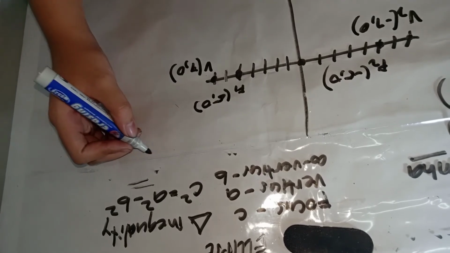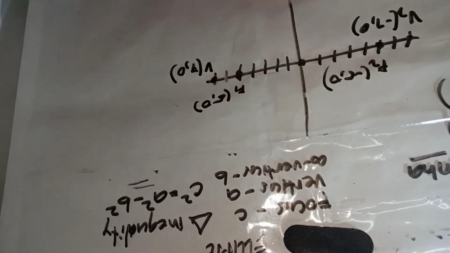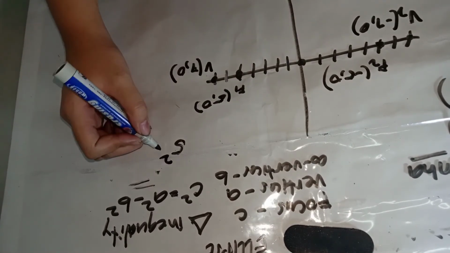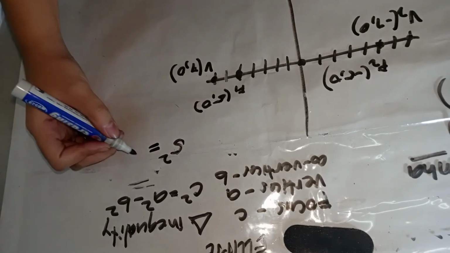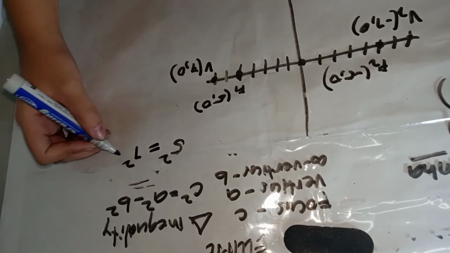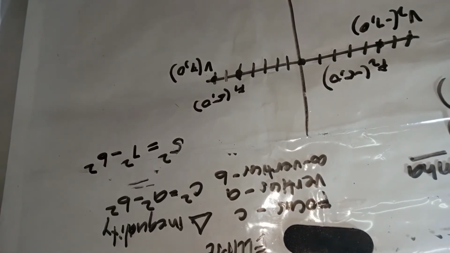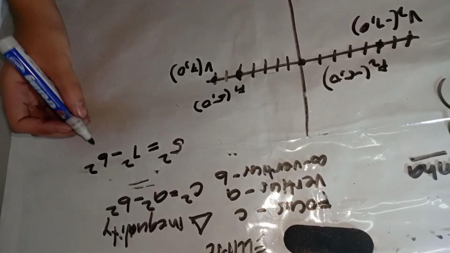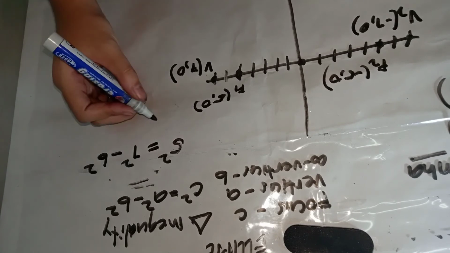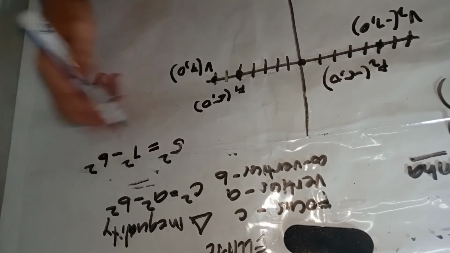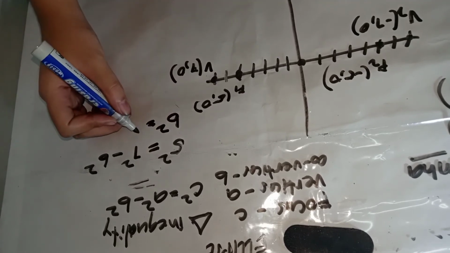Okay? So, let's substitute. What is C? 5 squared is equals to, what is the formula of A? So 7 squared minus B squared. Okay? So, since B ang hinahanap natin, so itong B, lipat natin sa kabila. So, magiging negative B squared, magiging positive B squared. So, magiging 7 squared.